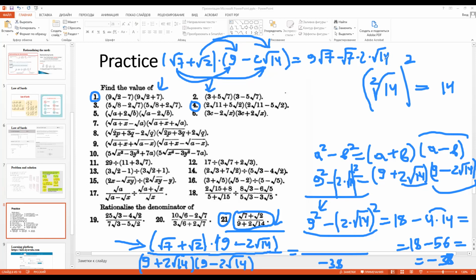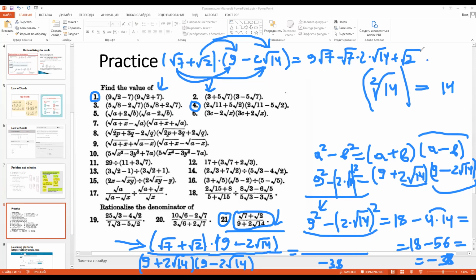Also here, if you multiply the square root by 9, it's a positive number, right?